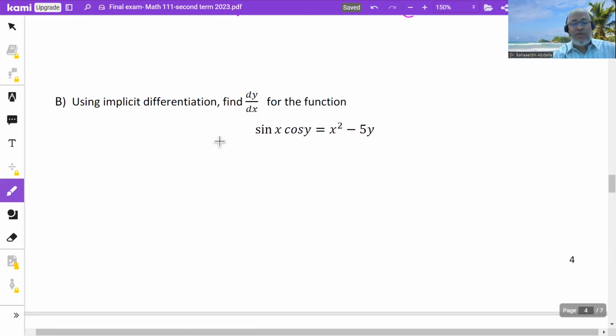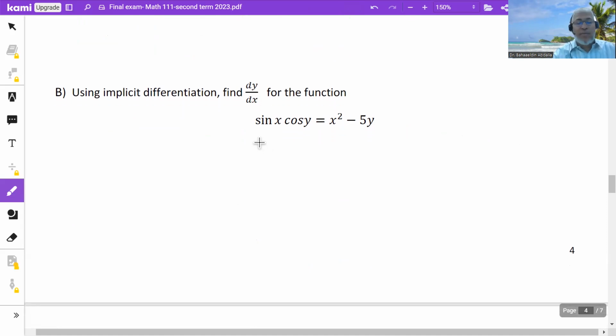Using implicit differentiation, find dy by dx or y prime. Okay, so I'll find the derivative with respect to x of this equation. Here in the left-hand side, I have a product of two functions. So I'll use the product rule. Derivative of sine x is cosine x times cosine y, then plus sine x as it is.